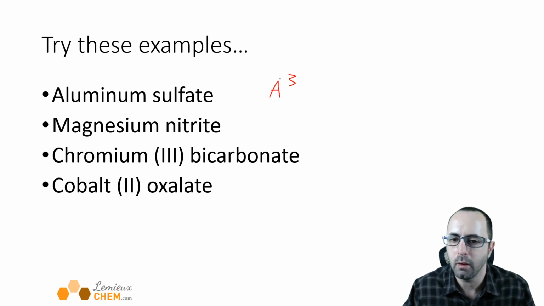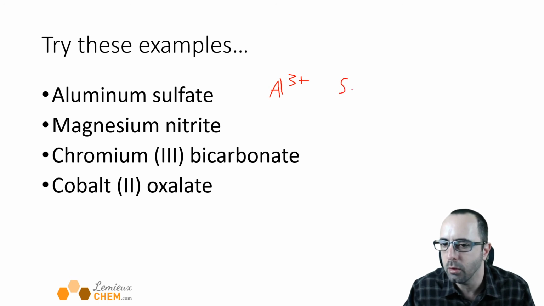Aluminum 3+. And sulfate here, you have to have that one memorized or be able to look it up on your chart, but you really should have it memorized. It's SO4 2-.